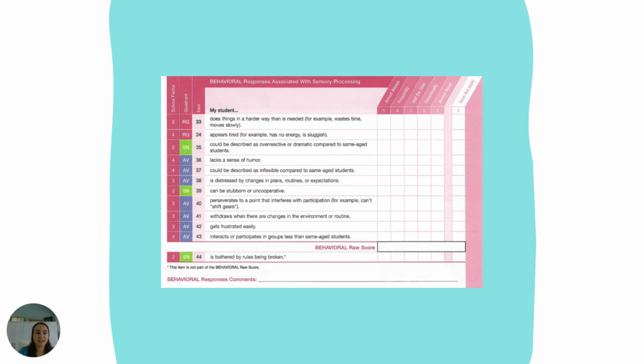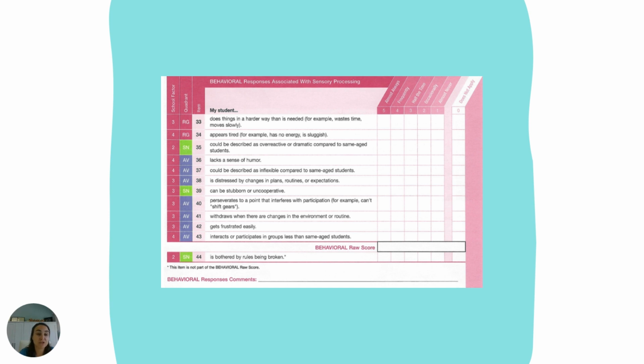Next, we have the behavioral responses associated with sensory processing. Some of the items include: my child does things in a harder way than is needed, or appears tired.